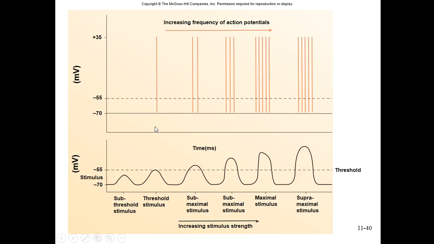So if there's a tiny bug on your hand and you just barely feel it, if the bug moves a little bit, you might get a stronger stimulus and you get a couple clicks. When the signals are firing really frequently and constantly, that's what gives us a very strong sensation.